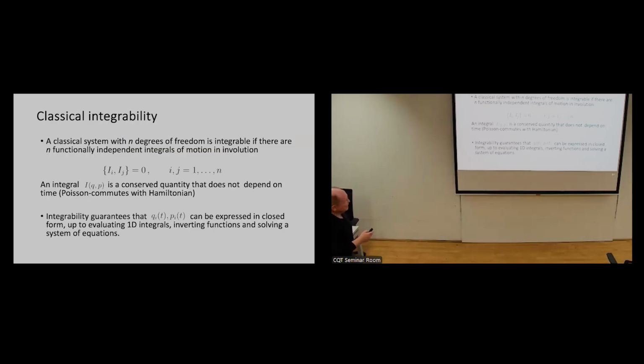So what is classical integrability? In general, a classical system would be called classically integrable if it has n degrees of freedom and also n functionally independent integrals of motion which are in involution. So that means these are Poisson brackets.